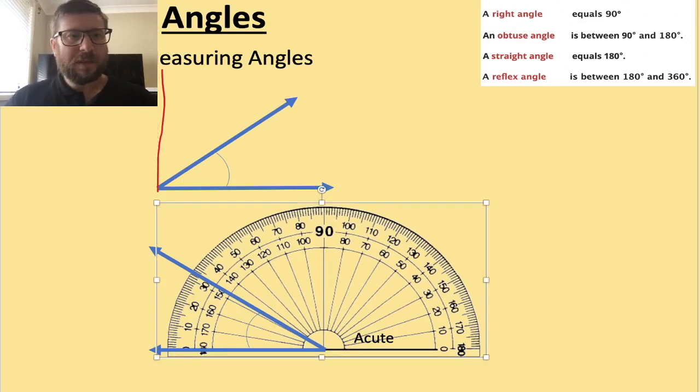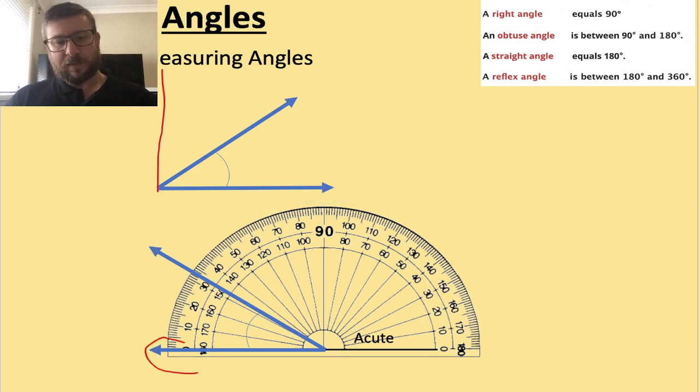Remember this time though, girls and boys, we're starting from 0 on this side because we've lined up along that side of our protractor. 0, 10, 20, 30, 32 degrees, which is less than 90, not 180, not 90 degrees, not between 90 and 180, so that makes it an acute angle.